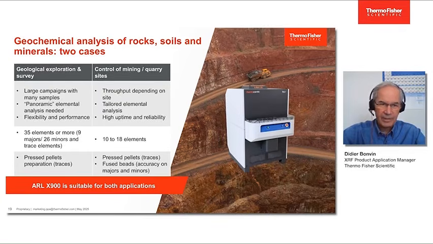And then the list of elements is much smaller, from 10 to 18 elements, for example, sometimes a bit more. But what is important here is the throughput. Depending on the site, it can be quite a lot of samples per day. Also, the elemental analysis will be tailored for the mine that we are trying to control.